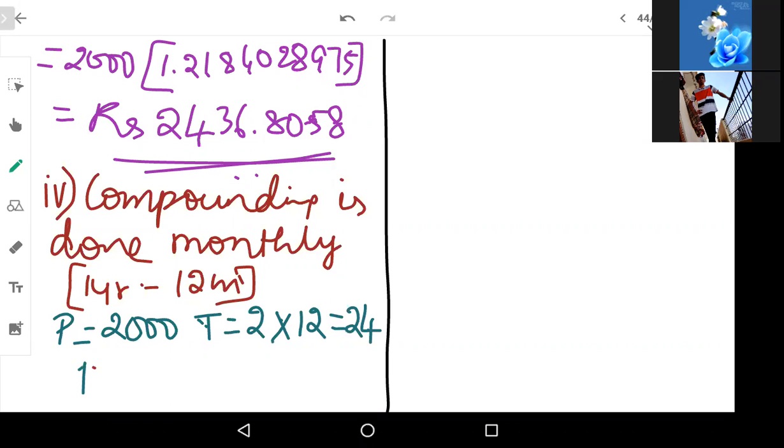If you take the rate of interest for 1 year, it is 10% divided by, for 1 year, we have 12 months, right? Now here we have to divide this by 12. So it's gonna be 10 by 12.